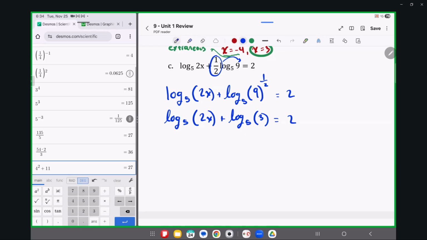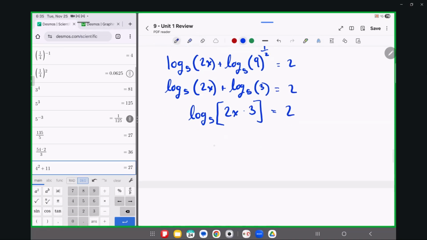So this is equivalent to log base 5 of 2x multiplied by 3 is equal to 2. 2x times 3 is 6x. So we end up with log base 5 of 6x is equal to 2.